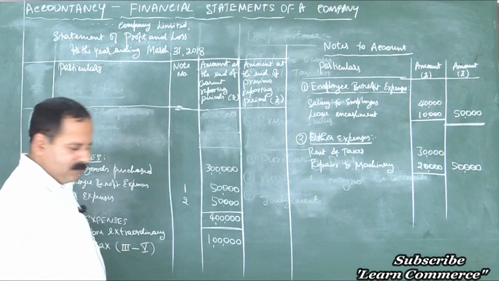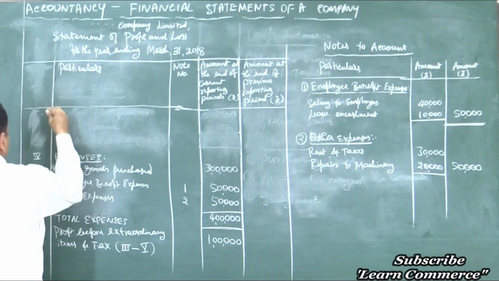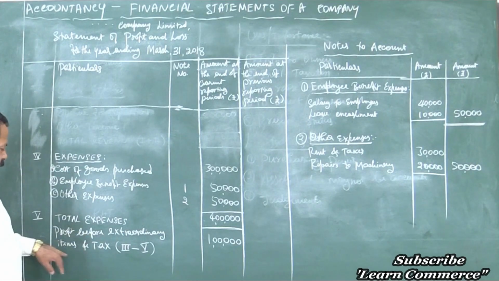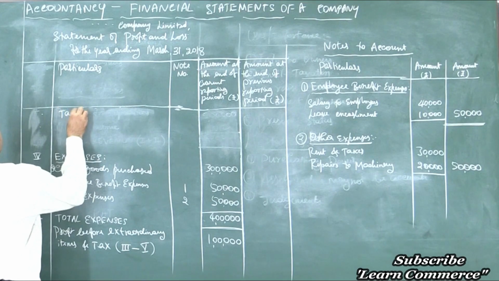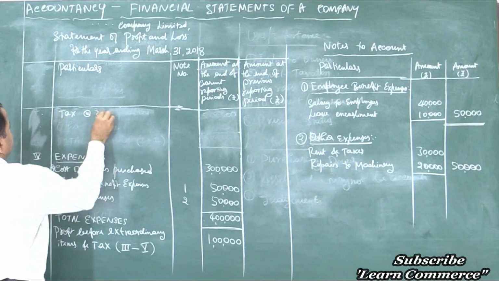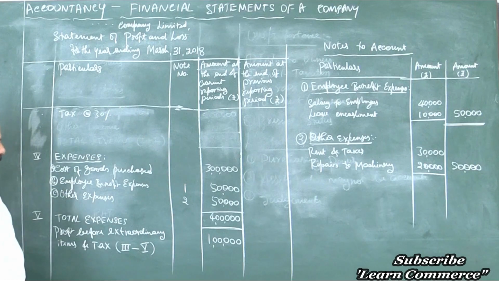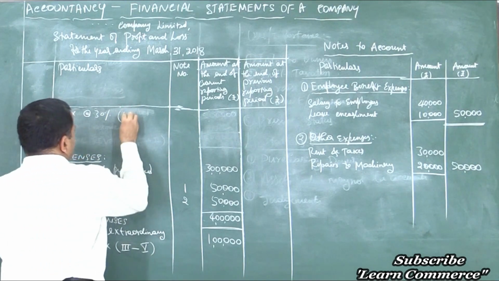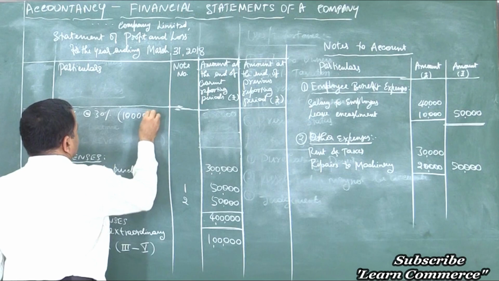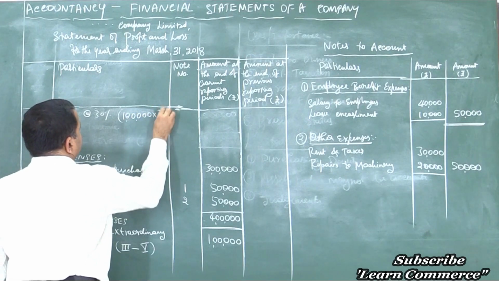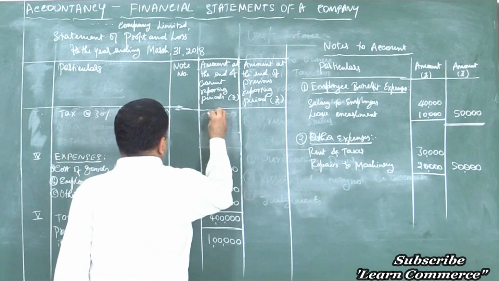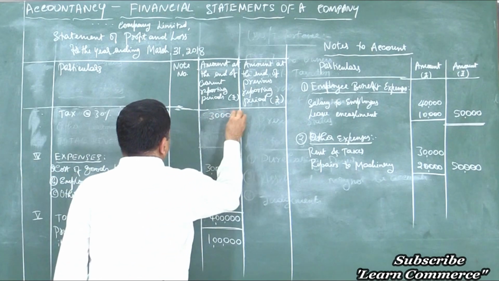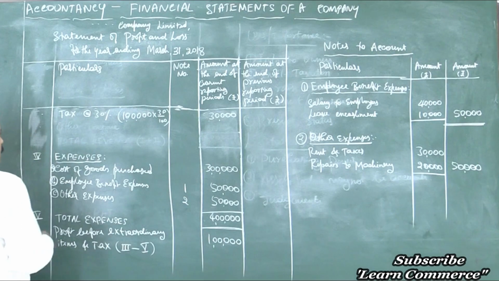Yes. Now, profit before extraordinary items and tax. Now, tax at the rate of 30%, right? So, calculate here 1 lakh into 30%. So, it will be 30,000, right? 30,000.